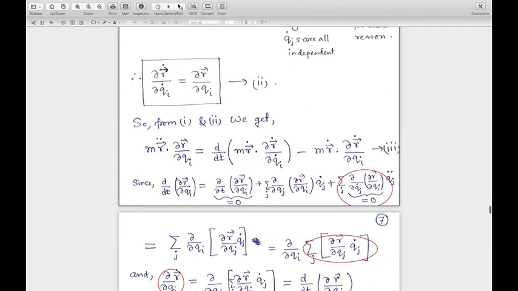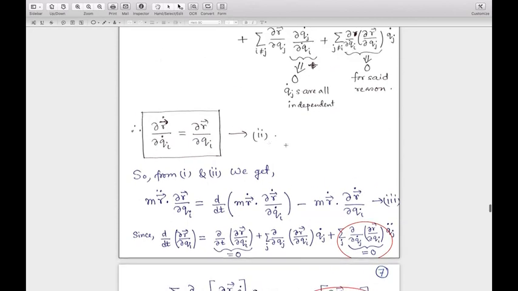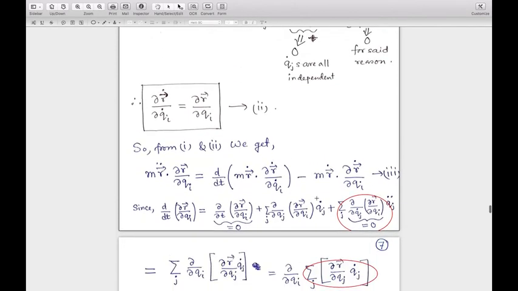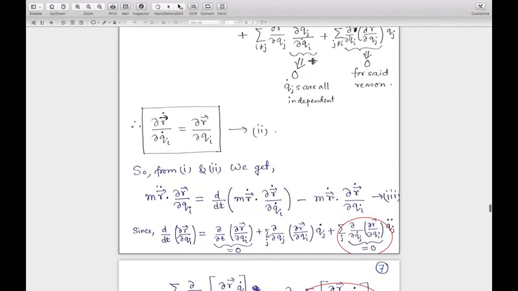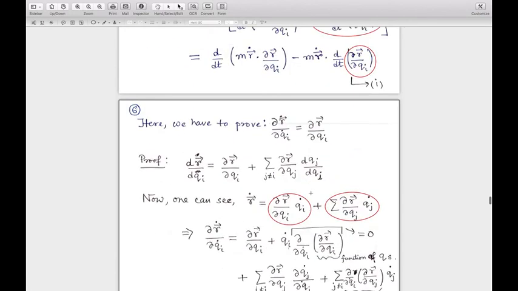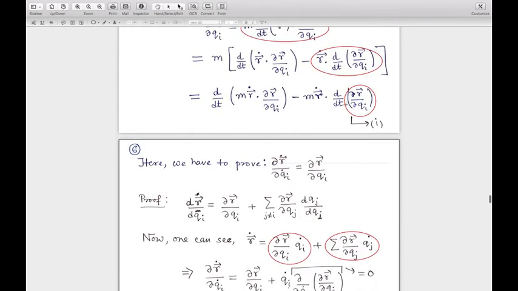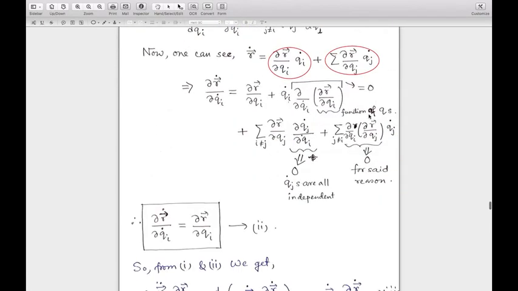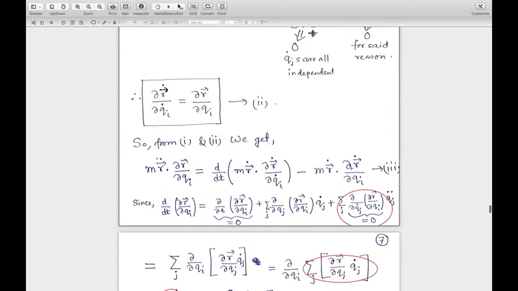Basically this is already done, because in 3 we have used this result. If you just see, 1 said that this is d/dt of ∂r/∂q_i, and here I have already written ∂/∂q_i of d/dt of r, so I have already used this result.